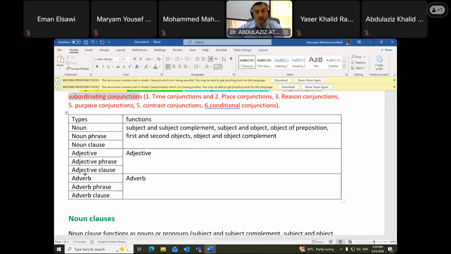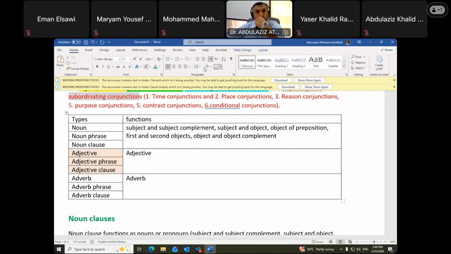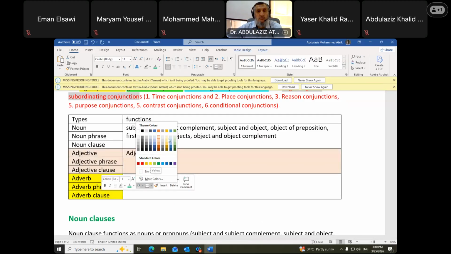See, when you see the word phrase, type, clause, type, and so on. The function of these three is only one. Only one. Okay? The function of these three is only one. Adverb. Finish.